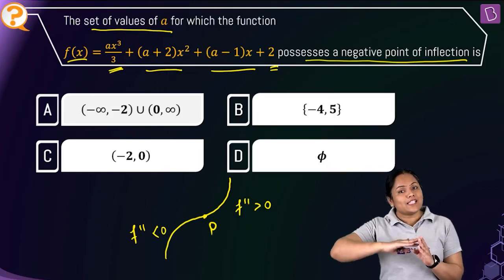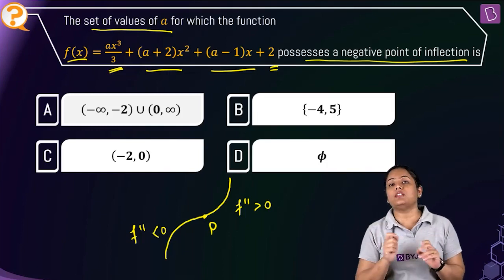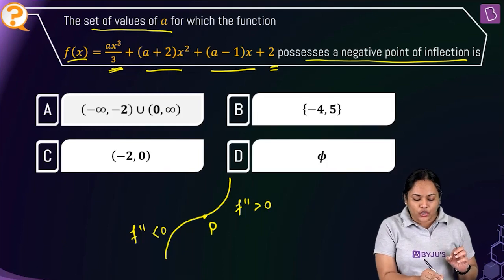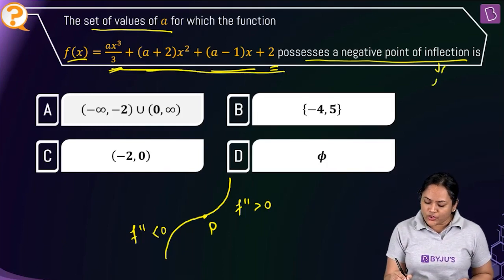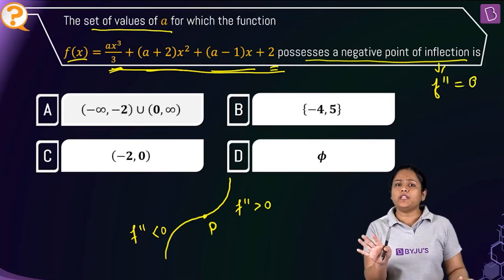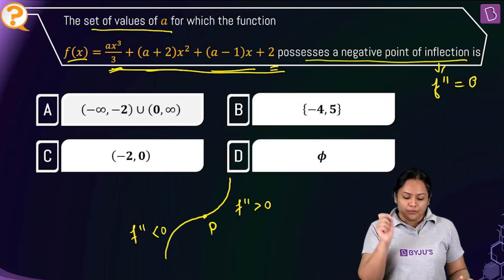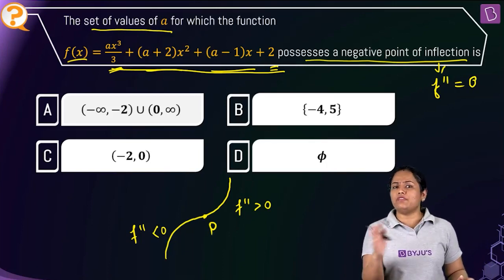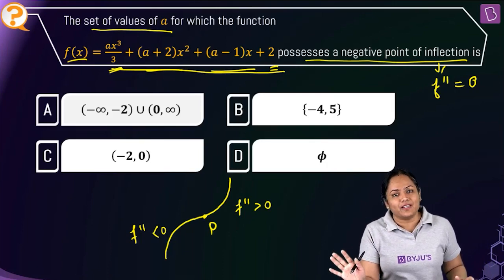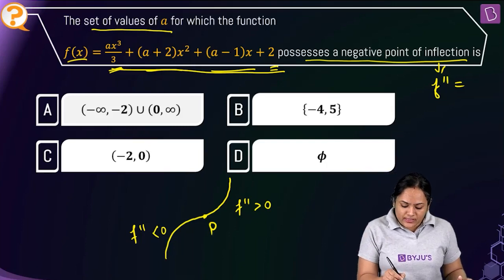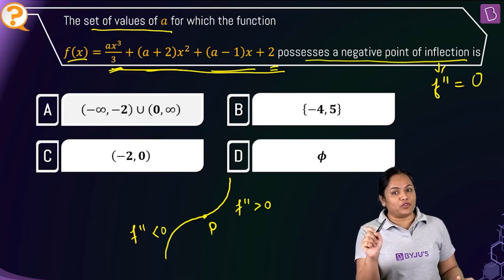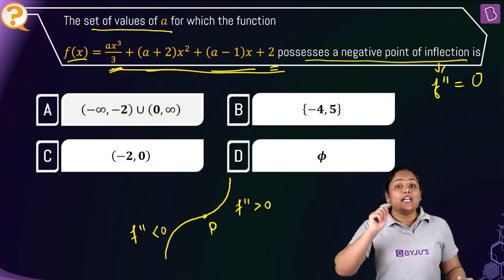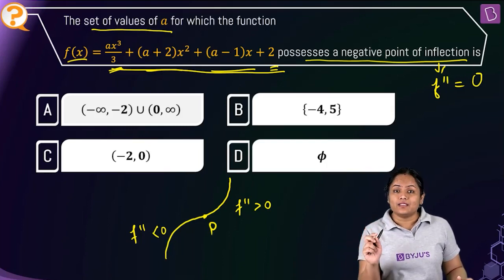That means since my f'' is changing the sign here and it is a cubic function, at this point of inflection, first of all, f'' should be 0. It will not be undefined because it's a cubic function, f'' will be defined everywhere, right? So the only condition is that f'' should be 0 at this point of inflection, as well as it should change the sign, right?